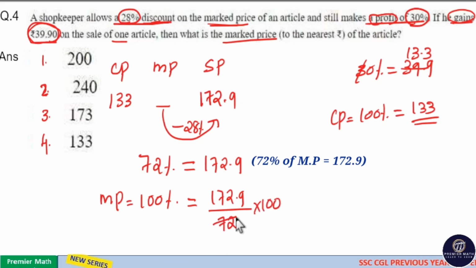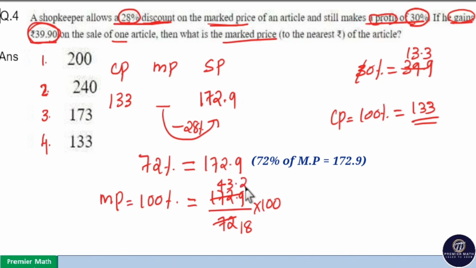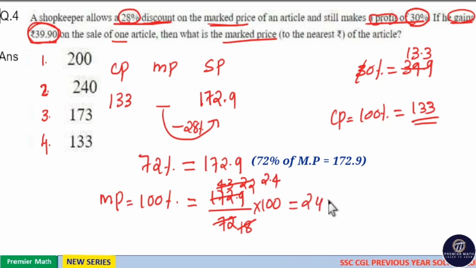Now if I divide it with 4, 4 goes 18 times in 72. Here 4 goes 4 times in 16. Remaining, 4 goes 3 times in 12. Remaining 2. So here if I divide 43 with 18, it will be around 2.4. So 2.4 into 100 is equal to 240 rupees. So option 2 is your answer.